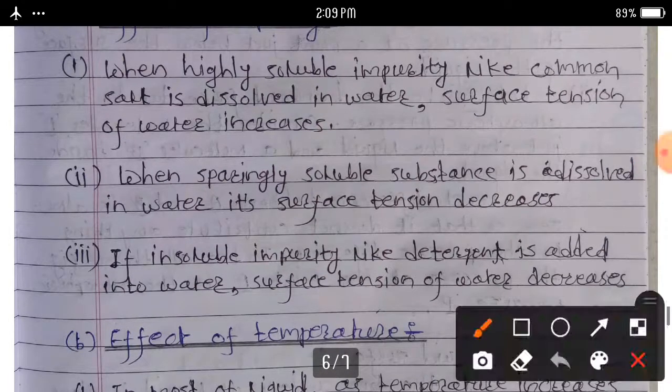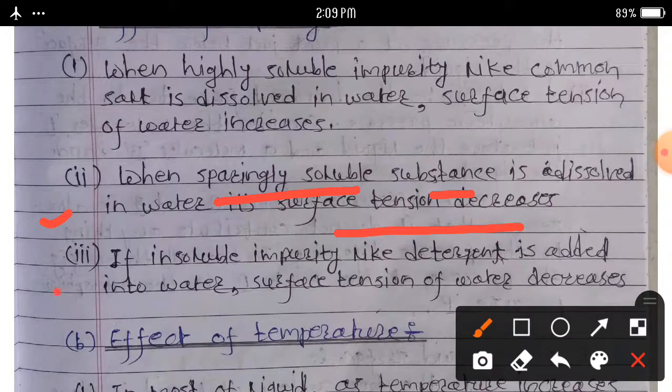Second, when a sparingly soluble substance is dissolved in water, the surface tension of water decreases.